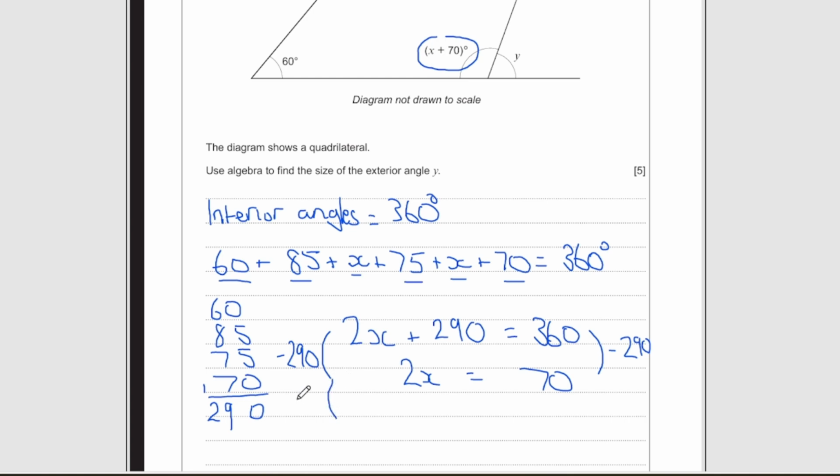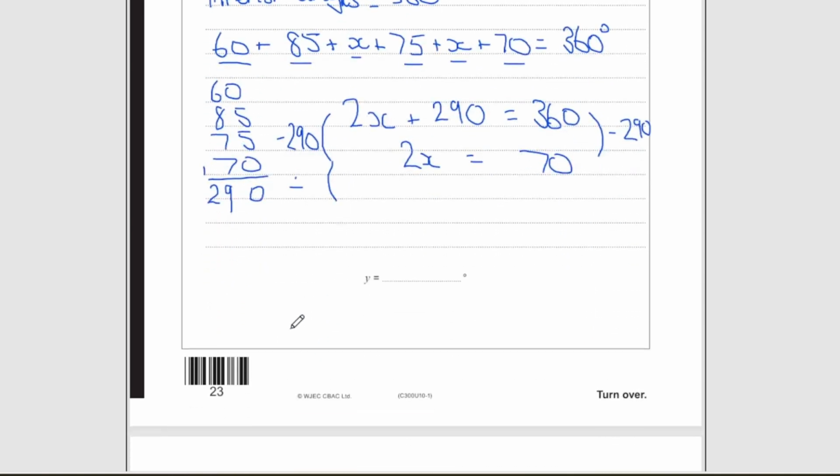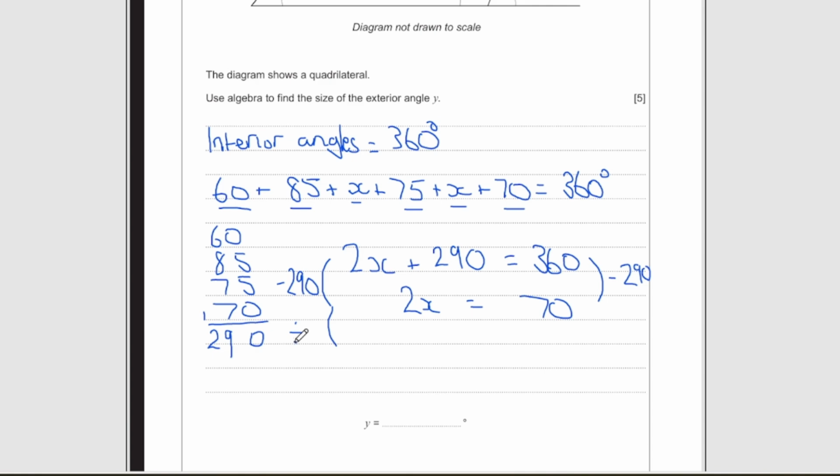And then divide by 2. Divide by 2. That gives us x equals 35. So we've got 35 degrees for x.